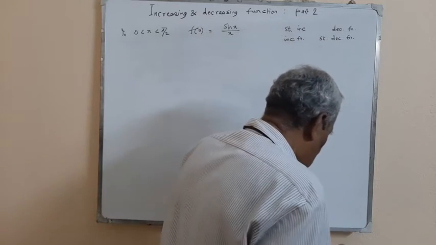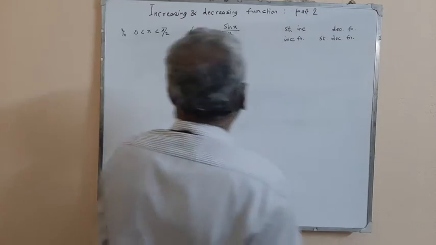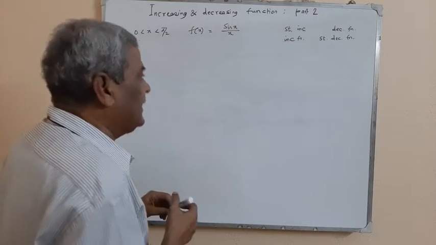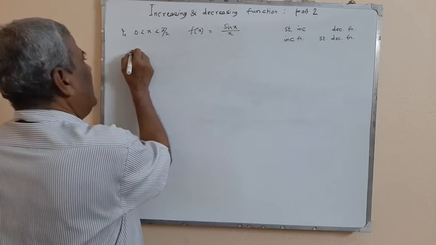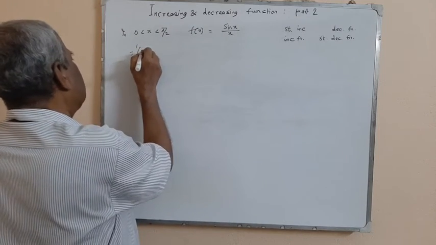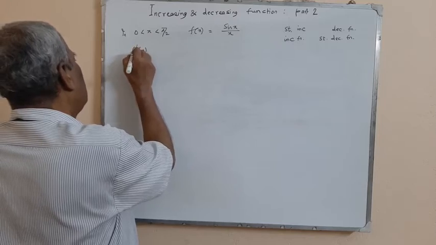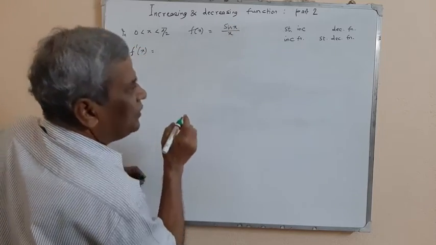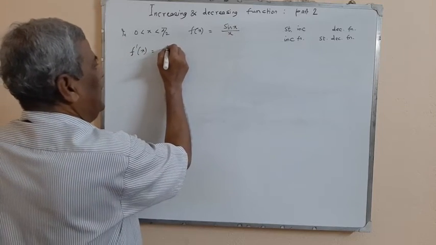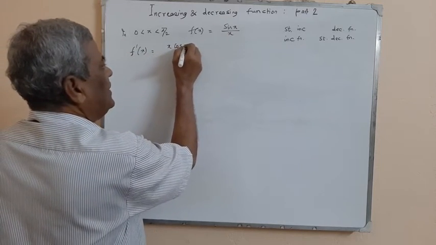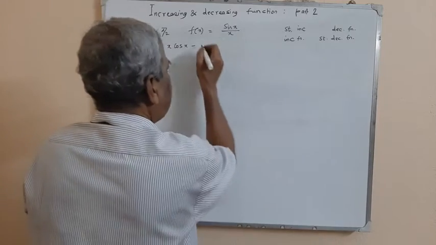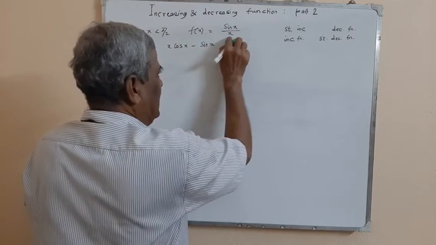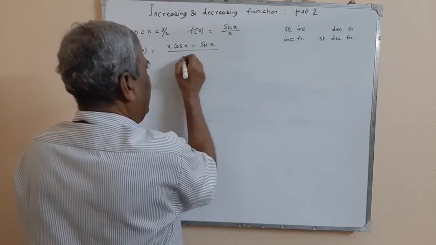For that purpose, we have to find the derivative. First, find the derivative f dash x, which is u by v, numerator by denominator. So x into cos x minus sin x into its derivative, 1, by x square.